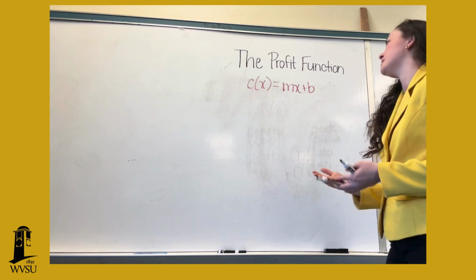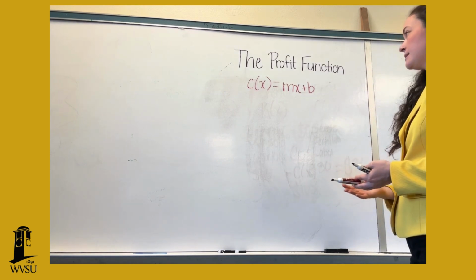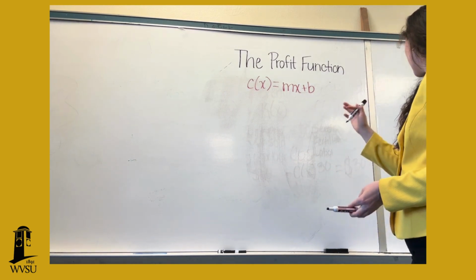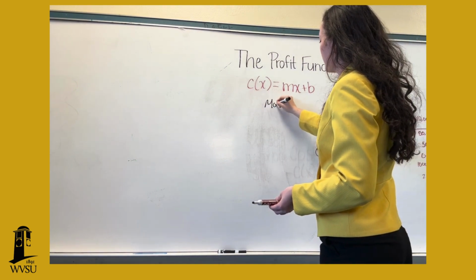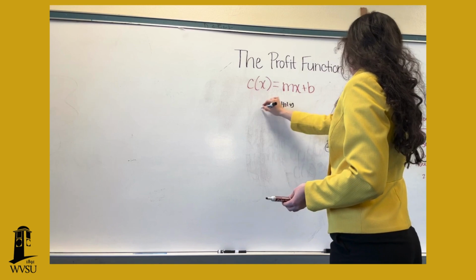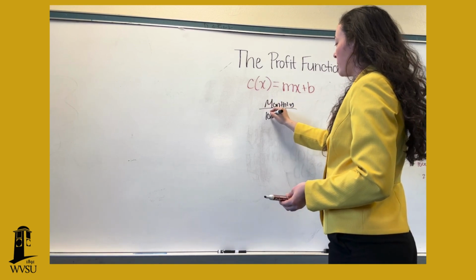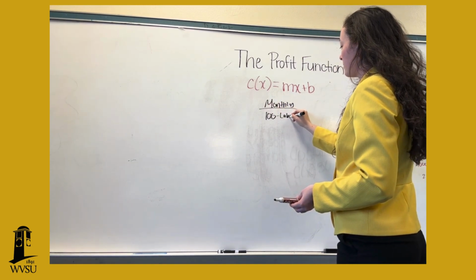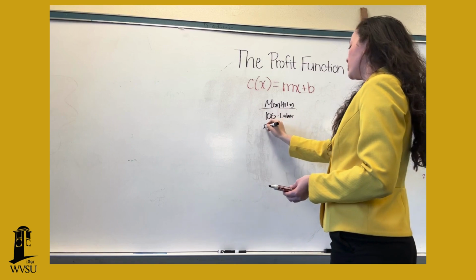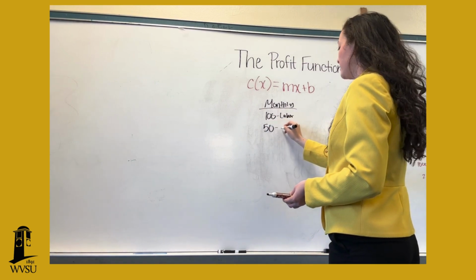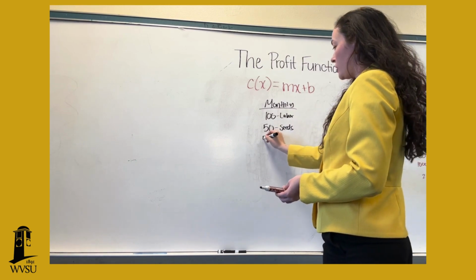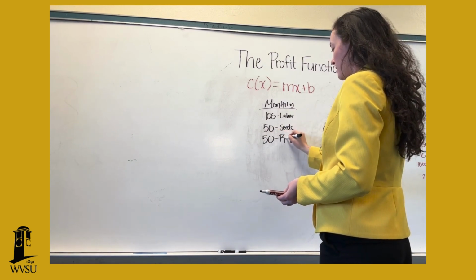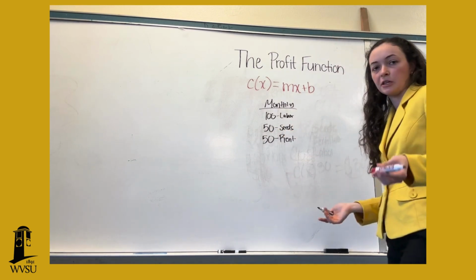So let's say, for example, a new agribusiness has been started. They are paying monthly fees of $100 for labor, $50 for seeds and fertilizer, and $50 for rent of the space that they are using.